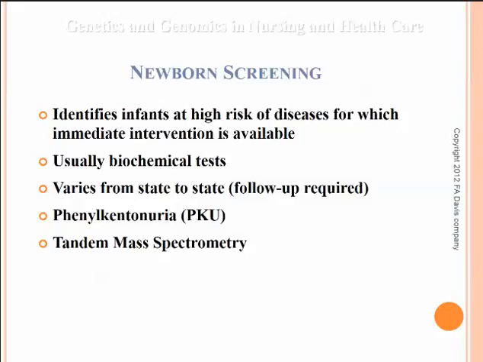They vary from state to state. Every state does the PKU testing, and most states do hypothyroid and galactosemia and sickle cell. And in Idaho, we also have a cystic fibrosis test on the newborn screen as well.